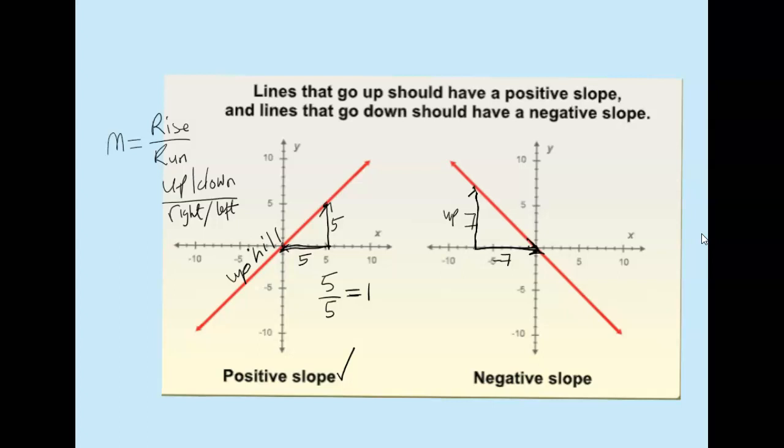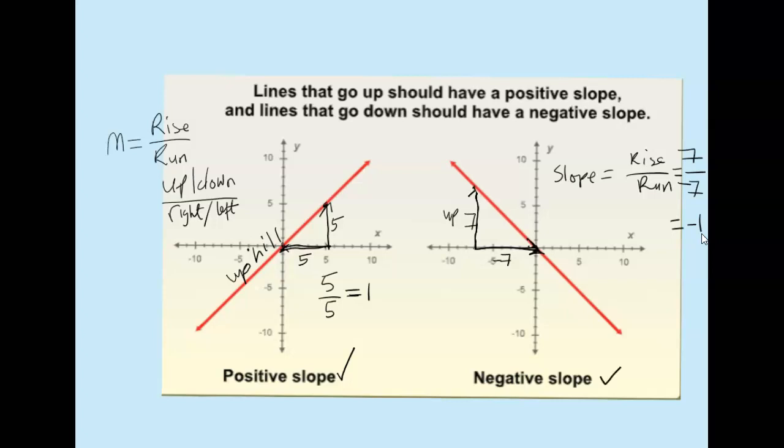So we are using our rise over run, so slope, which is rise over run, and we rise 7 units, and we run in the negative 7 units, and we get -1, and it gave us negative, so it's a negative slope.